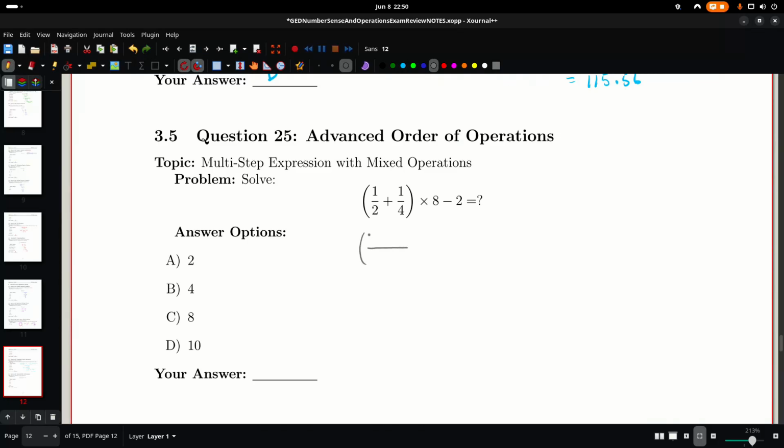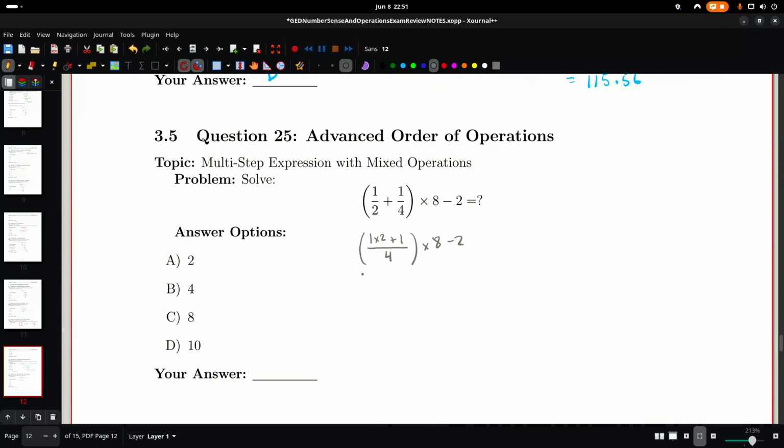So we have to multiply the 1 by 2, because we multiply the 2 by 2 to get 4. So this is all over 4. The 1 over 2 becomes 2 over 4, plus 1 over 4, times 8, and then minus 2.